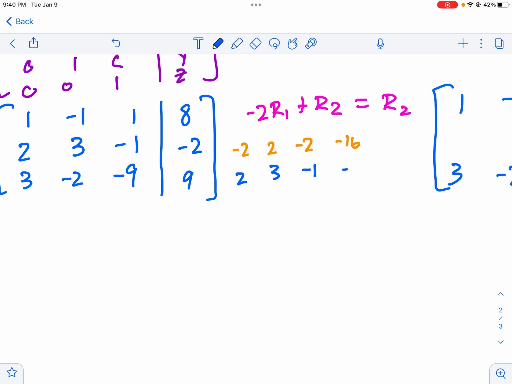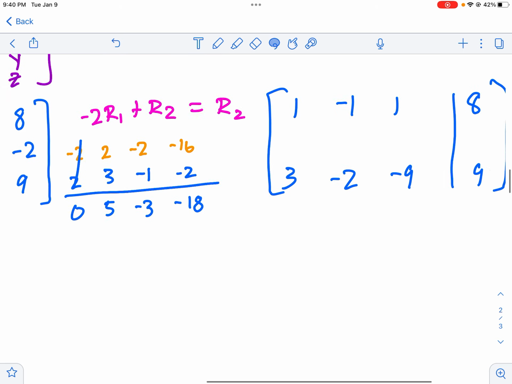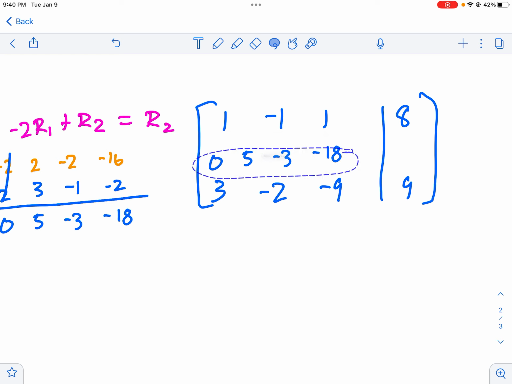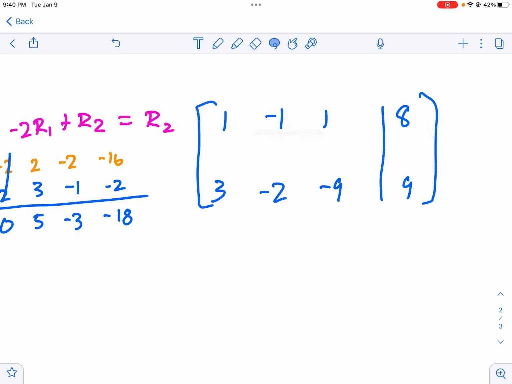So I get 0, 5, -3, -18. Did not think that through. 0, 5, -3, -18. Okay, so we got that 0.